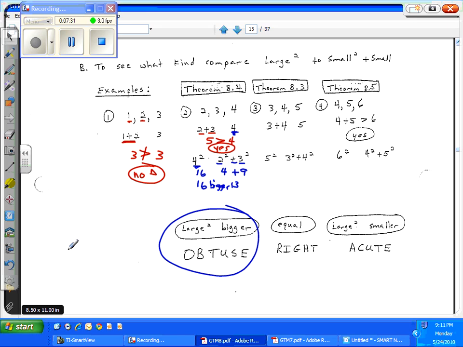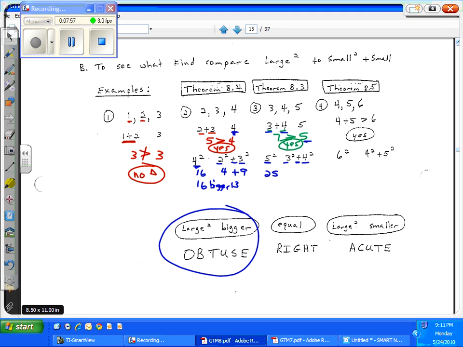The next one, the numbers 3, 4, and 5. We compare the sum of the smaller two. It is greater than the length of the third, so yes, it is a triangle. To be a triangle, the sum of the smaller two sides must be larger than the length of the third side. To see what kind it is, you compare the larger side square with the sum of the squares of the other two sides.